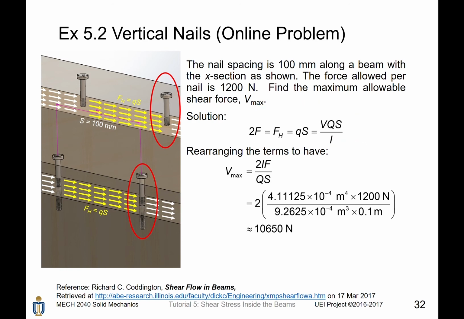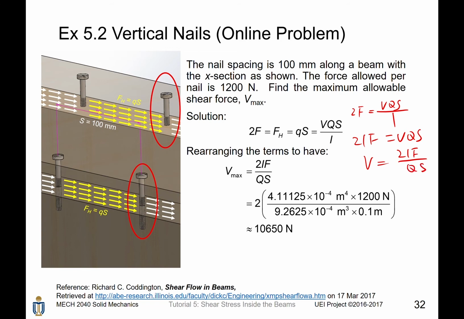Based on this equation, now we can find the expression of the maximum allowable shear force, Vmax. It is given by 2If divided by Qs. So still, 2F equals VQS divided by I, then 2If equals VQS, then V equals 2If divided by Qs.